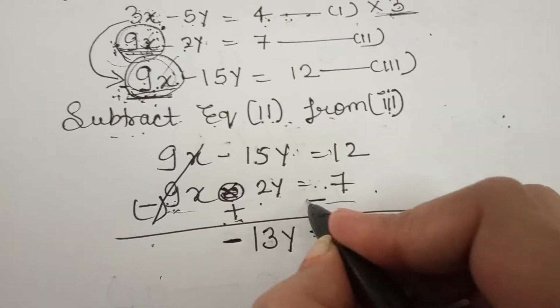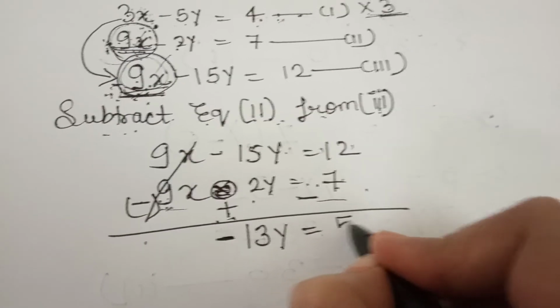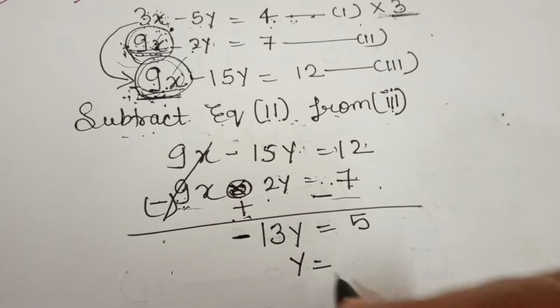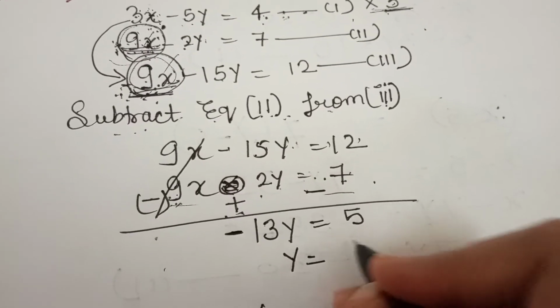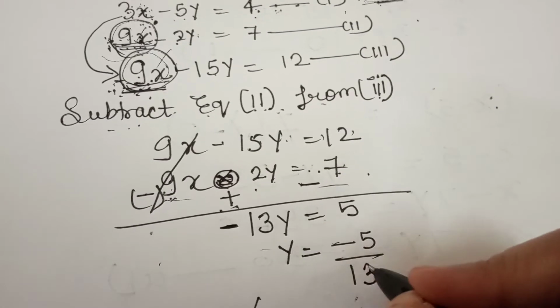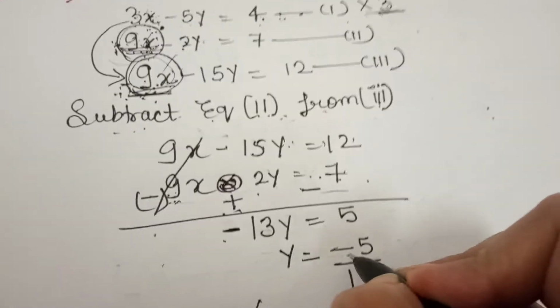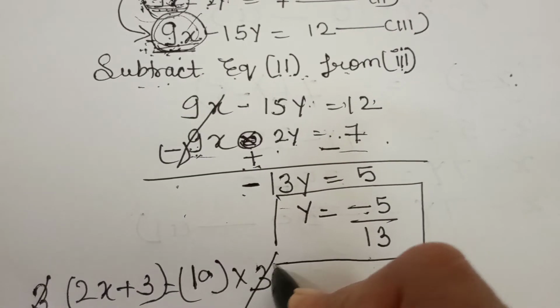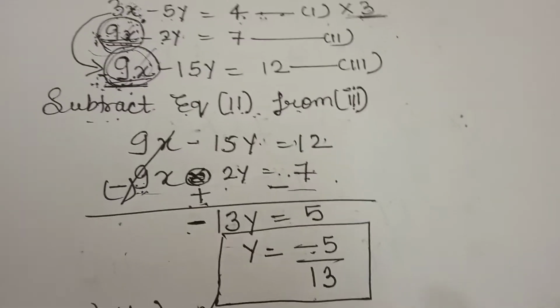And plus minus minus, so 12 minus 7, 5. So what is the value of y? Minus 5 upon 13. 13 will go in division, and this minus sign we will shift this side. So we have got one variable value, but we need to get the value of both the variables.